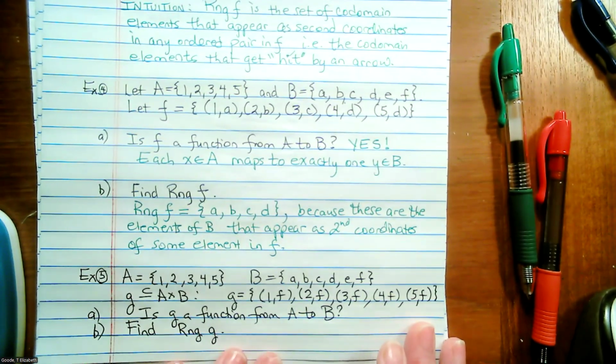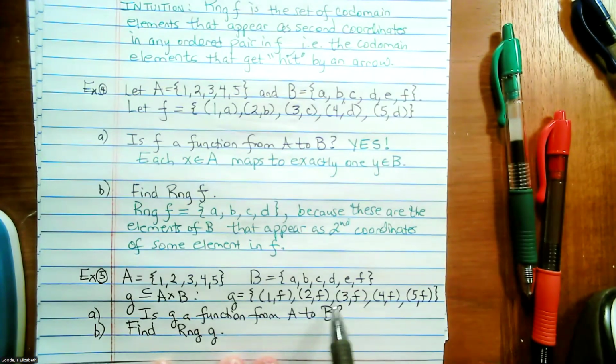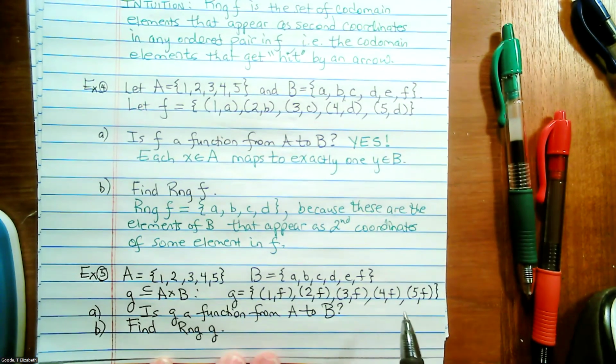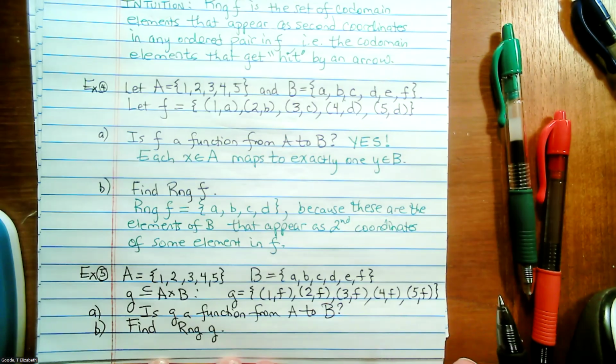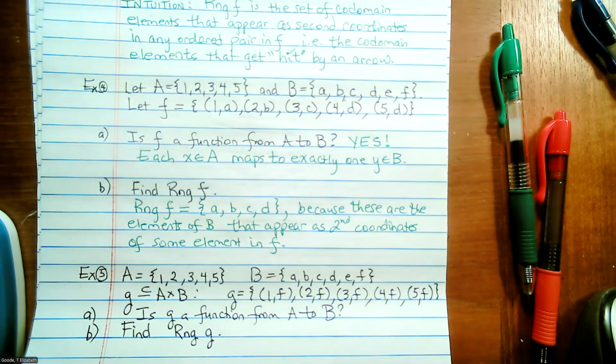Well, this kind of function, where every domain element maps to exactly the same codomain element, is called a constant function, like the function y equals 5. Every x on the x-axis maps to y equals 5, and it's just the horizontal line y equals 5.